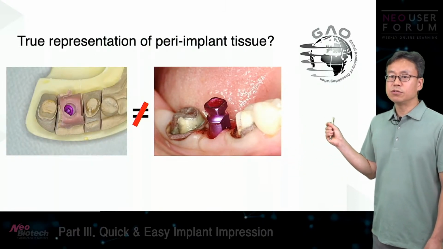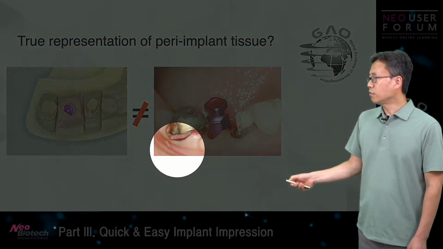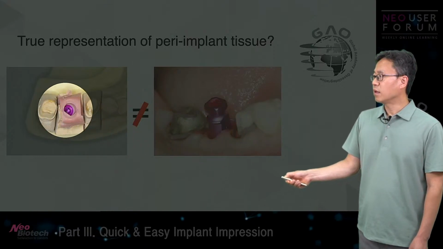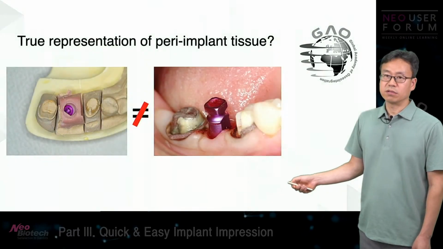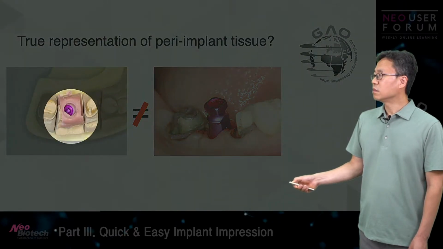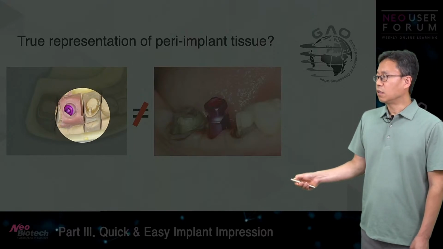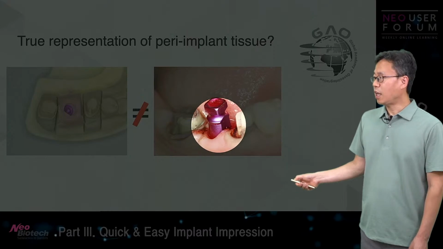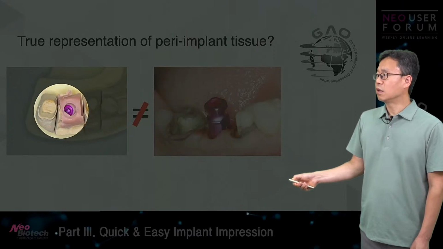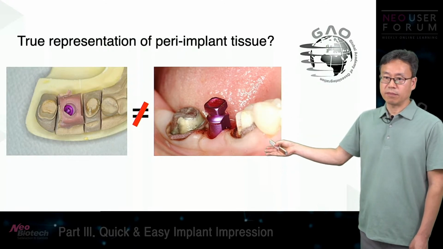But what we need to look at closely is that this soft tissue around the implant is not exactly the same as this on the model, because this gingy mask material only represents the contour or the shape of this impression coping, because they just placed the gingy mask material around the impression coping.